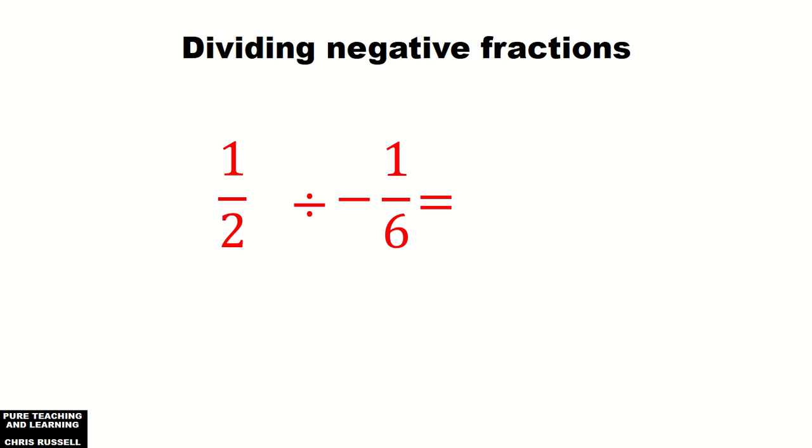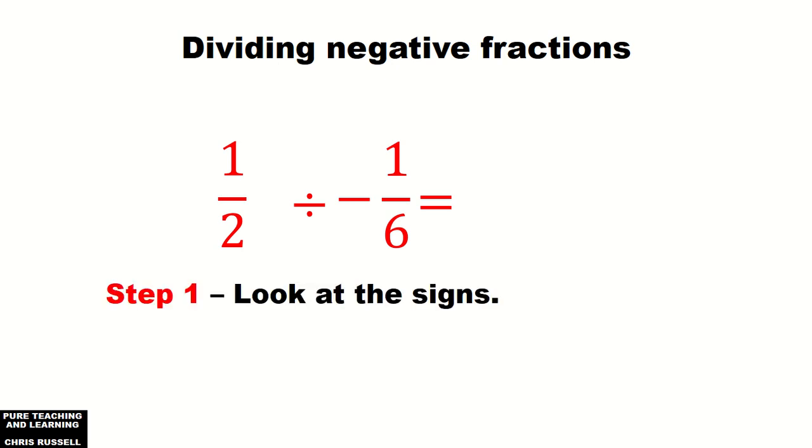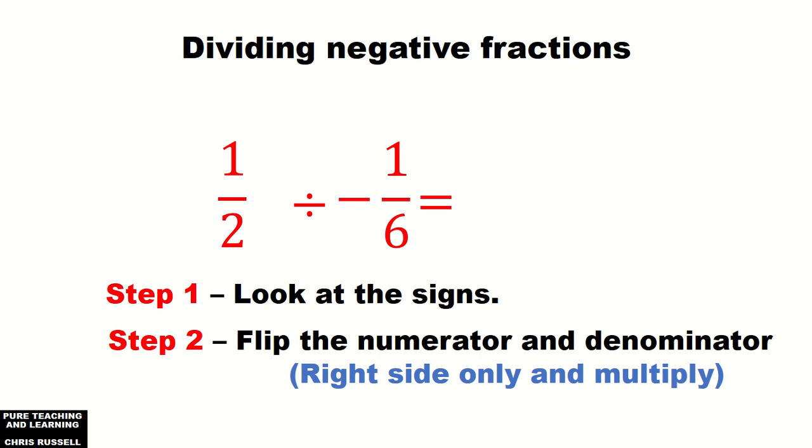Dividing negative fractions. Here we've got a half divided by negative 1/6. Look at the signs. Here we've got a positive and a negative value. If they're different signs, it's always going to be negative. Step 2, flip the numerator and denominator, the right side only, and multiply. That just means you do this to the fraction on the right hand side.